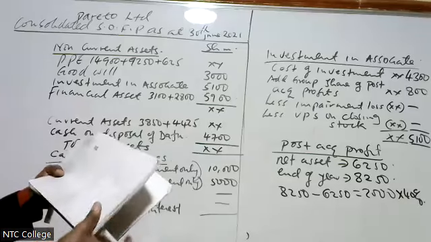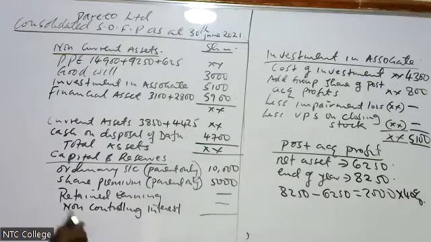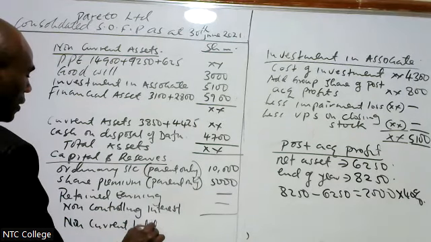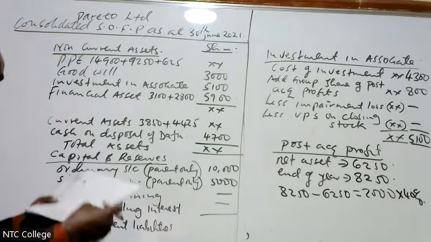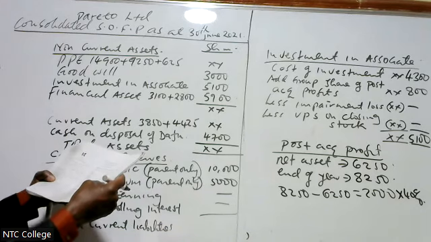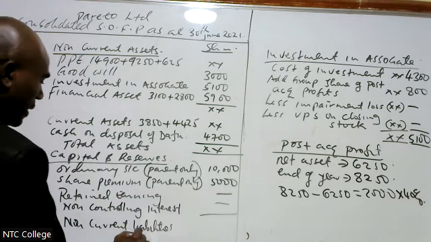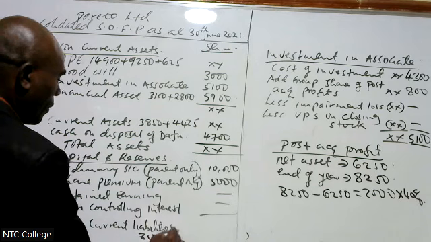Then we come to non-current liabilities. Non-current liabilities is 85 plus 6.